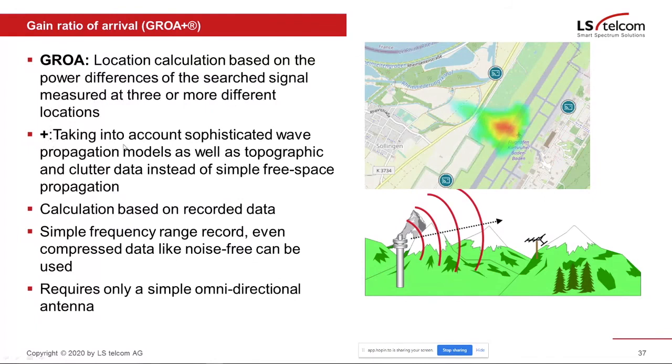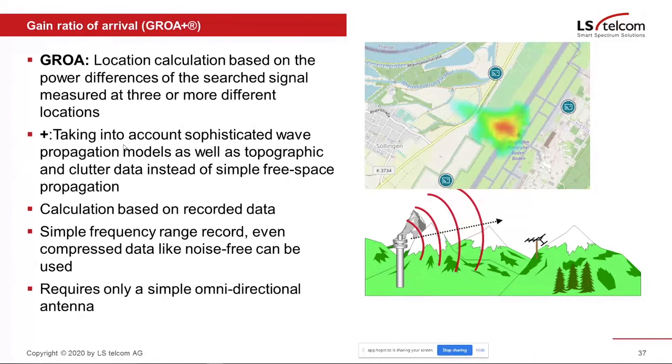We take into account sophisticated wave propagation models, as well as we consider the topographic and clutter data instead of simply relying on the free space propagation method. And this makes the GRA method in LS Observer, the GRA plus method, a very precise geolocation method.